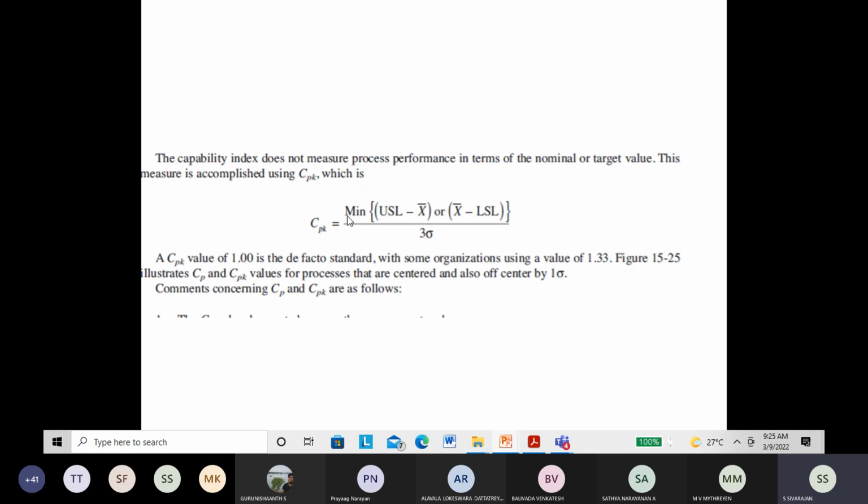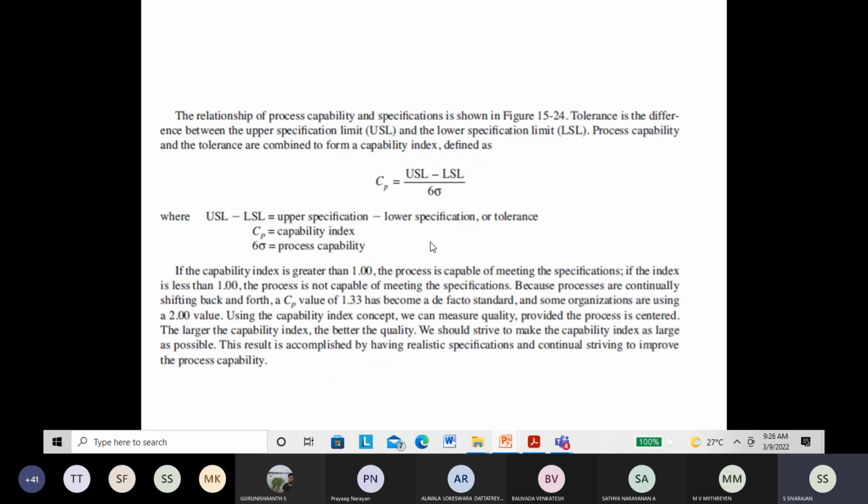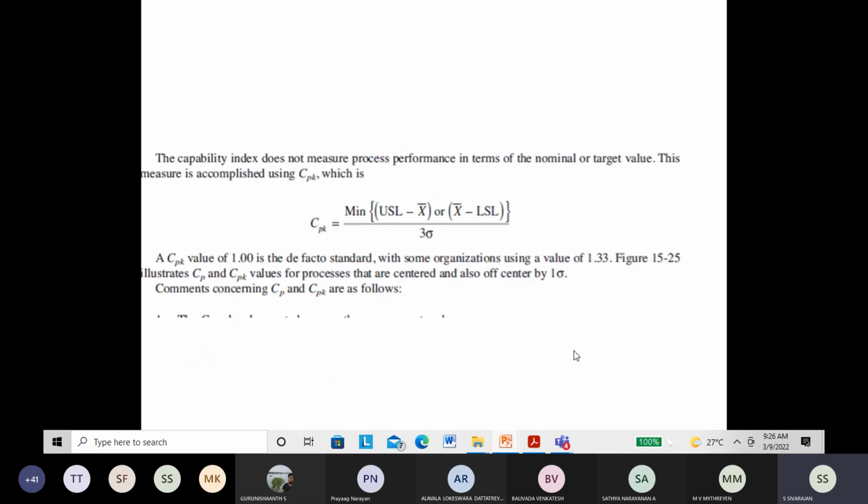There are two values; whichever is minimum you take, and then divide by 3 sigma. This is going to be very important. In the coming slides, we will see how we get CPK. So the minimum of USL minus X bar or X bar minus LSL, divided by 3 sigma. There we had 6 sigma; here we have 3 sigma.